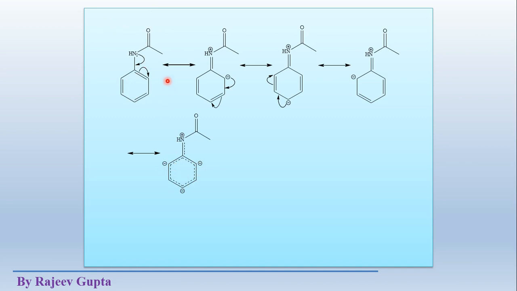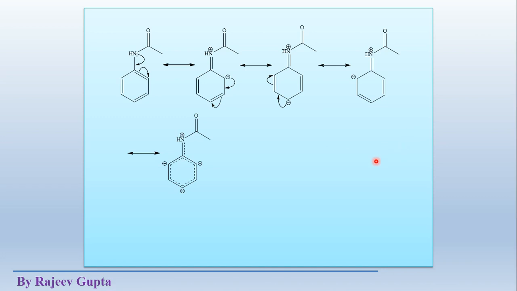So in this type of compounds, any aromatic compound which contains a substituent that has a lone pair on the atom directly attached to the aromatic ring will always show the plus R effect, the plus resonance effect, and it will increase electron density inside the ring and make it activated towards electrophilic aromatic substitution reactions.